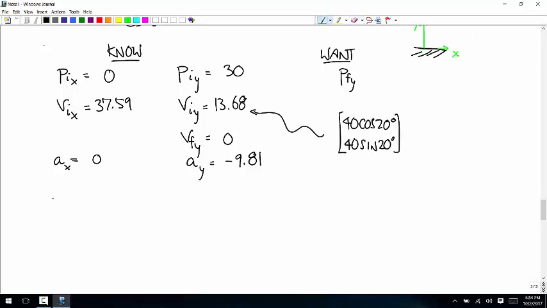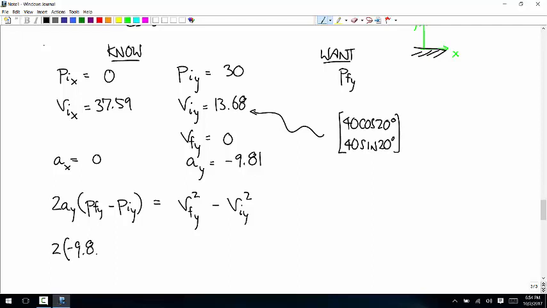I think, yeah, 2ay times the quantity pfy minus piy is equal to vfy squared minus viy squared. Okay, so 2 times negative 9.81 times the quantity pfy minus 30 is equal to 0 squared minus 13.68 squared.